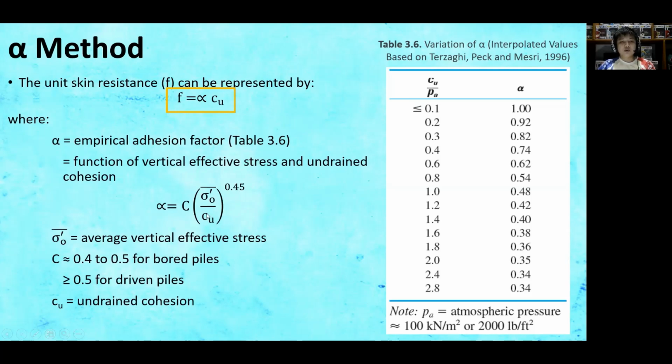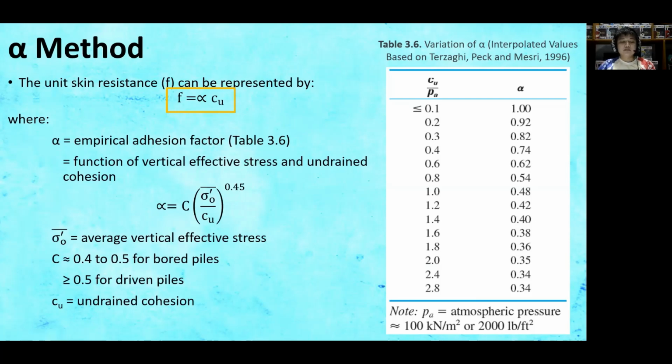And multiply that to the quantity sigma O prime bar, which is the average vertical effective stress, divided by Cu, which is the undrained cohesion, raised to 0.45. Take note that if the values are not available, then we may apply interpolation for table 3.6.